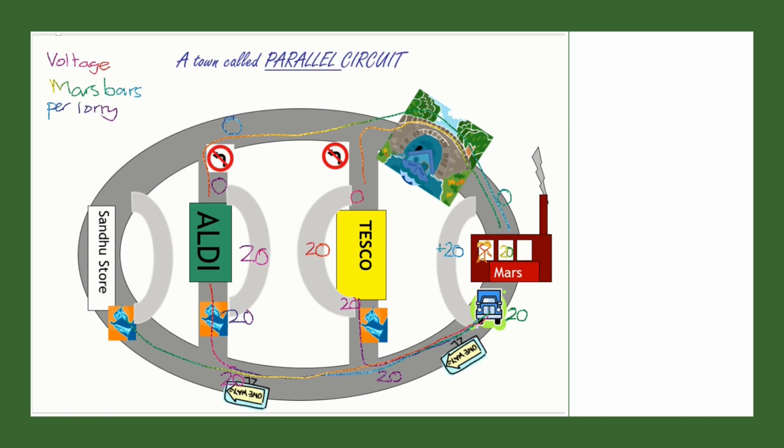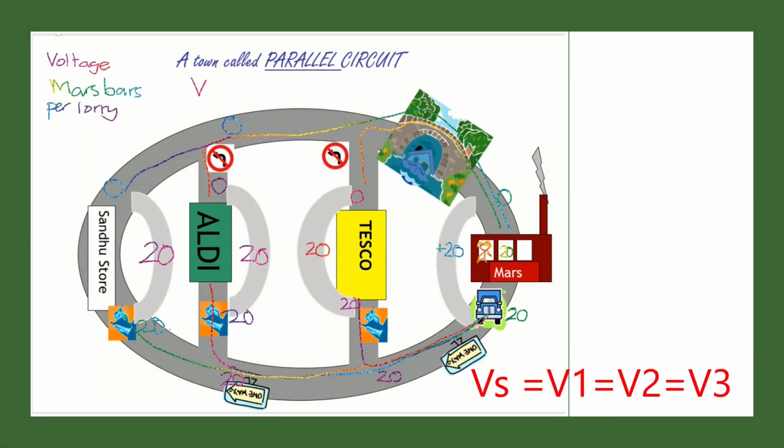What about the lorries that go to Sandu stores? Well, the lorry that goes to Sandu stores must have 20 here because it's not made a delivery. It must have no boxes here because it's on its way back over the bridge to get filled up. So again, it must have delivered 20 boxes. So I think that's not what you expect maybe, but what we found is that the voltage across each branch is equal to the supply voltage.